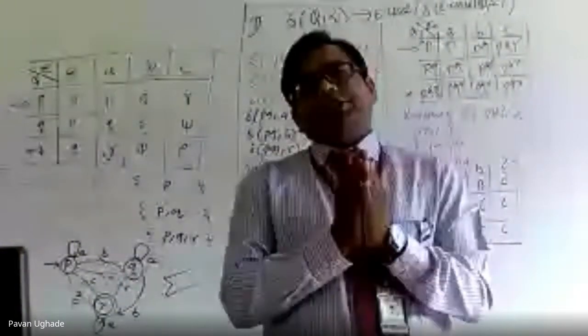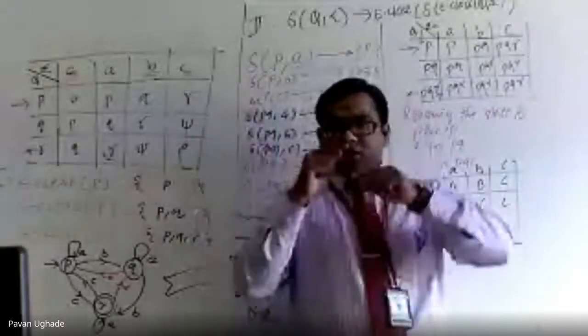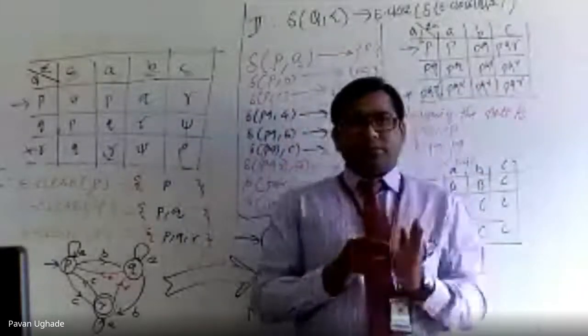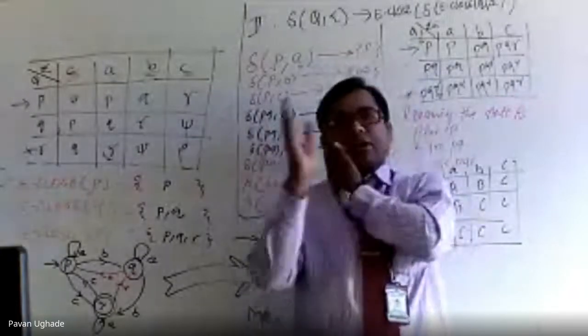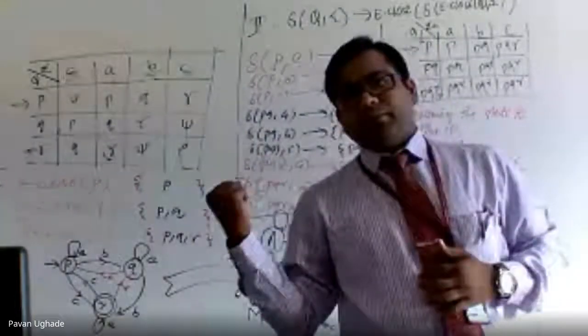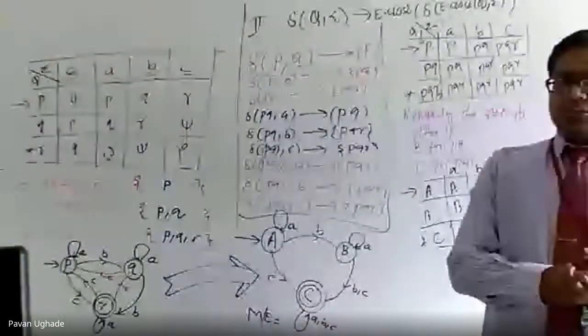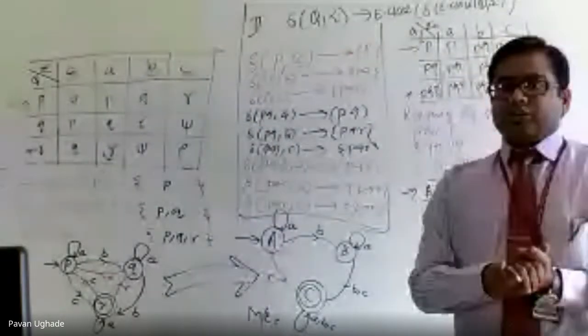So we'll be discussing all the differences between DFA, NFA, and epsilon NFA, differentiating the 3 kinds of automata together. Okay. Those who have any problem, comment in the chat box. Otherwise, we'll go ahead with the differentiation points.